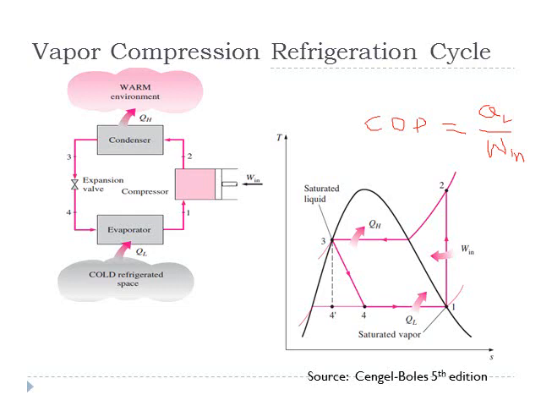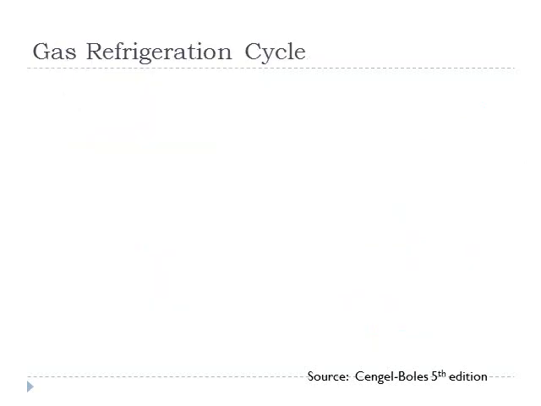So this is the refrigeration effect, and the area under 2 to 3 gives us the heat rejected by the condenser. If we are interested in calculating COP for the system in vapor compression cycle, the refrigerant will either be in vapor phase or in liquid phase.